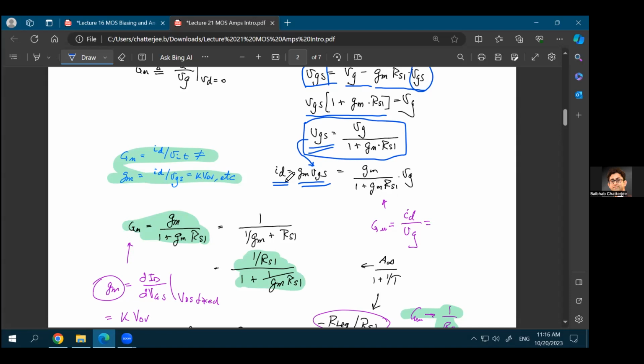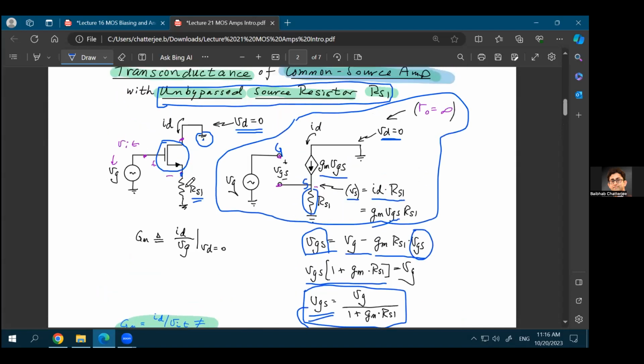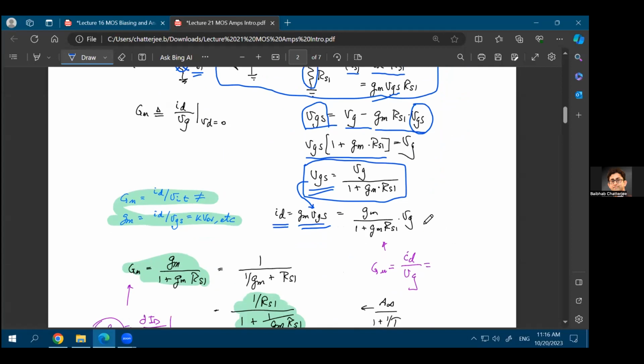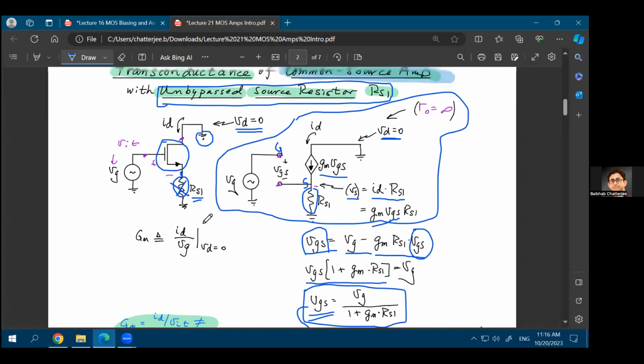Let's just assume that there is no resistance here. If this resistance is not present, then your VG will be equal to VGS, because your source will be grounded.